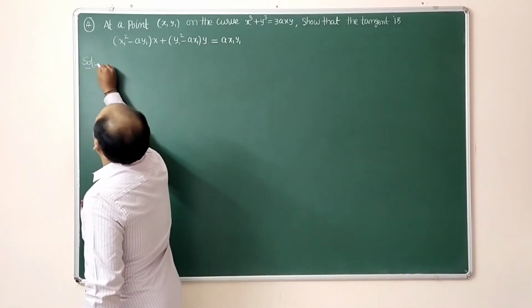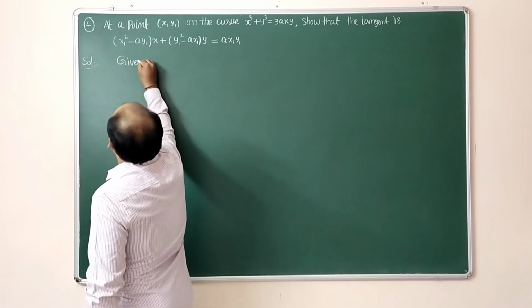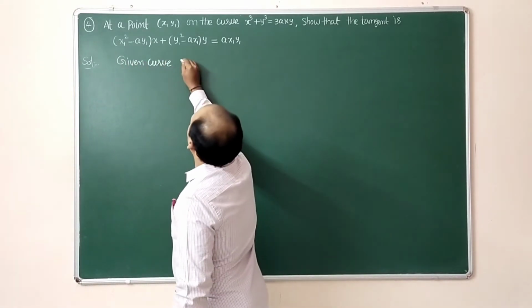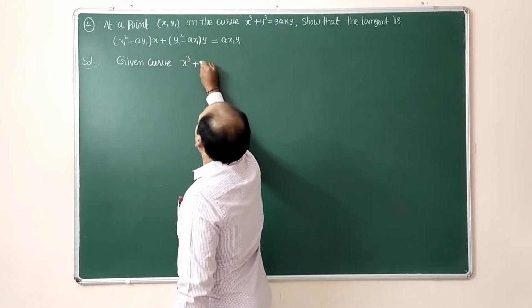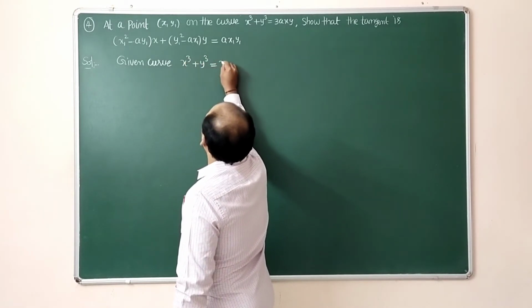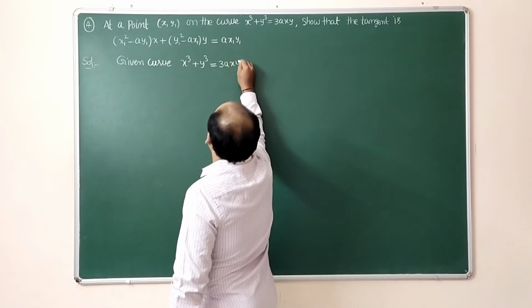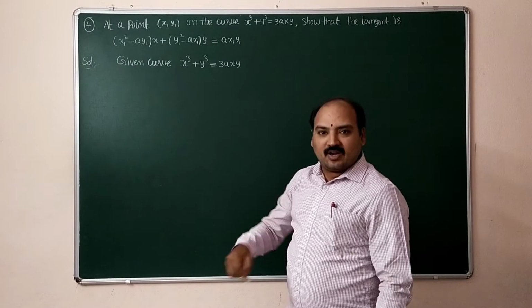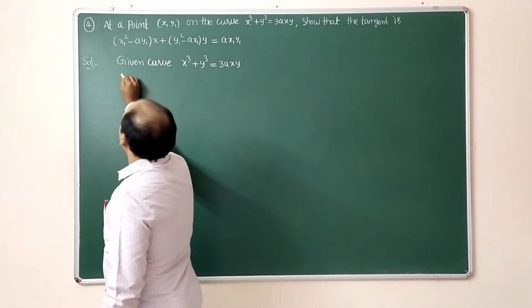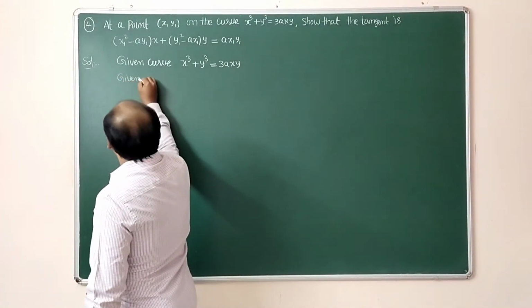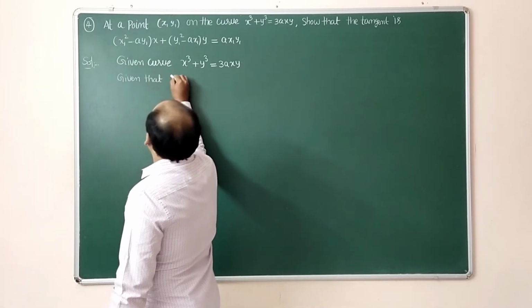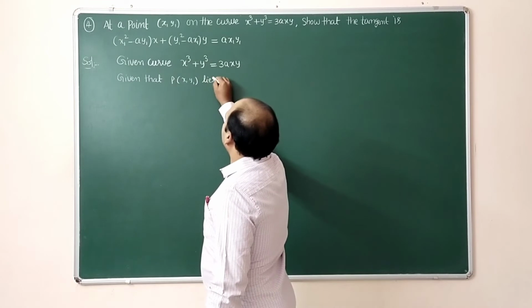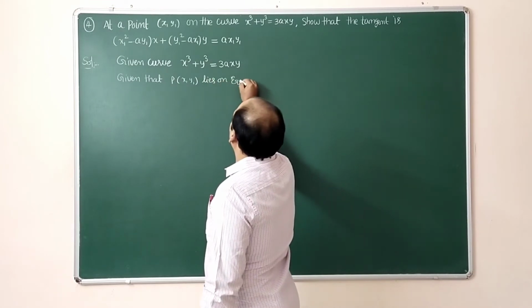First step, given curve x cube plus y cube is equal to 3axy, and given that the point P(x1, y1) lies on equation 1.